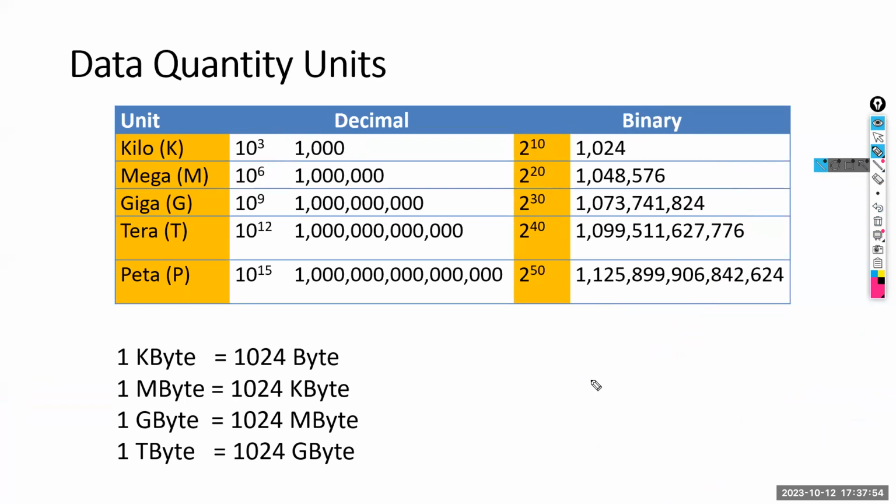Right. So can you convert this one? Say my memory is 8 gigabyte. Can you convert it into byte? You can put it into the chat, or you can just tell me. My memory is 8 gigabyte right now. Convert it into byte.